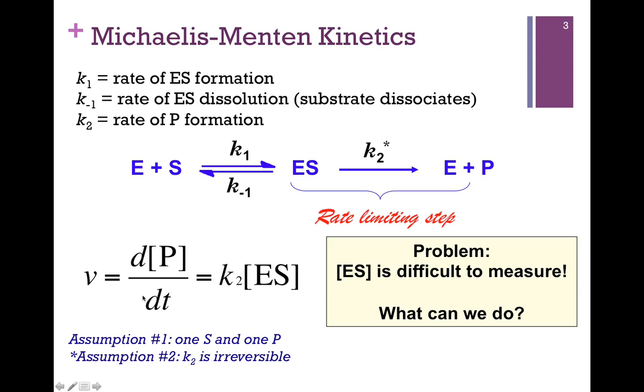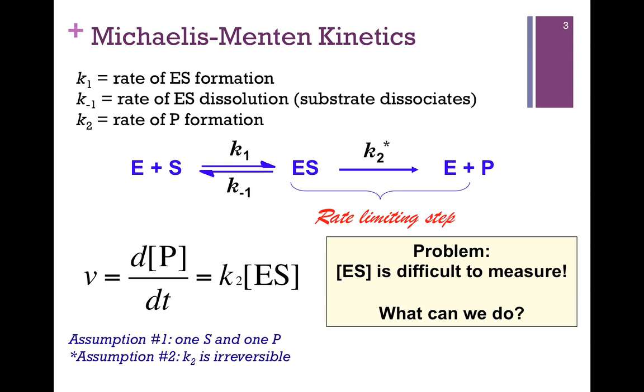So now we have an expression for our velocity. Remember, that's the rate at which we increase the concentration of product over time, and looking at our simple reaction scheme here, that's simply going to be equal to K2 times the concentration of ES. So now we have a simple expression for our velocity, but remember, theory is fine, but if we have no way of measuring it in the lab, we cannot prove the theory.